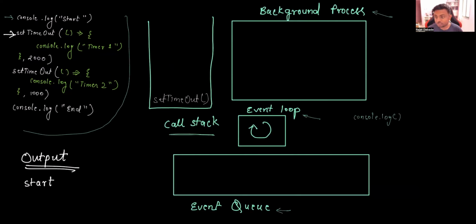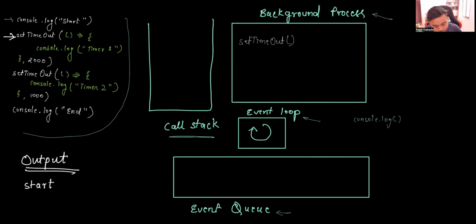So the setTimeout function is an asynchronous one, and it will just move from here to here, and it will start executing. Meanwhile, my cursor will move to this setTimeout, and this setTimeout will again come in the call stack and will sit over here.